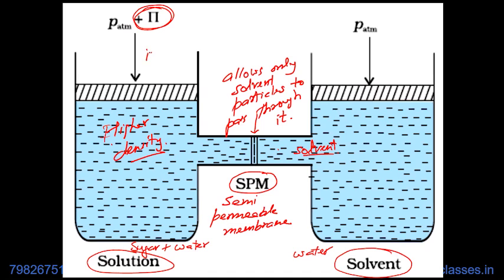If we increase the pressure here, it will exert pressure and decrease the rate of solvent passing from the right chamber to the left chamber. So the pressure, pi, at which the movement of solvent particles just stops is known as osmotic pressure.